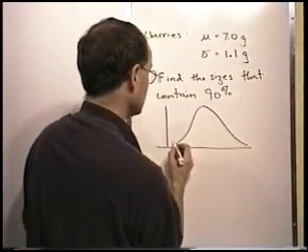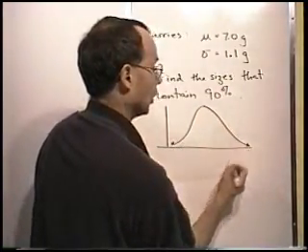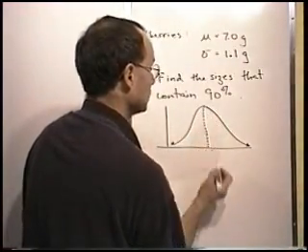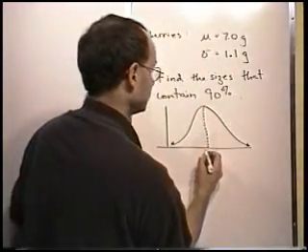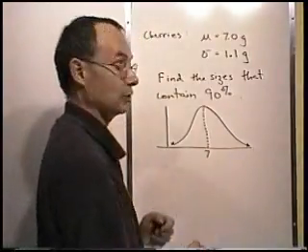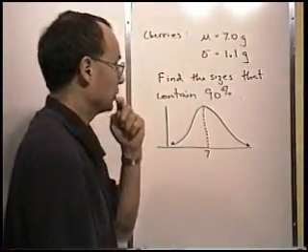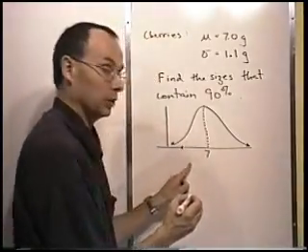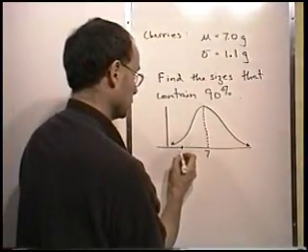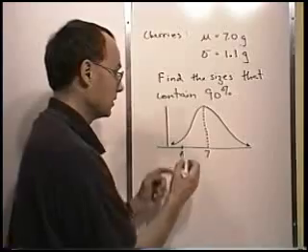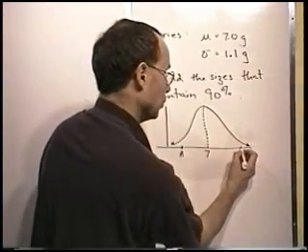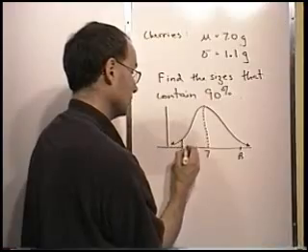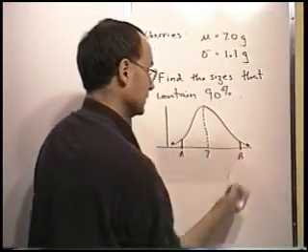We're told, presumably, that cherries are normally distributed. So we've got our mean here in the middle of 7.0, and we've got a certain deviation. What we're looking for is from what size smaller than 7, so we're going to call that maybe A, from this size to what size over here, which I'll call B. So these are the two numbers we're trying to figure out.